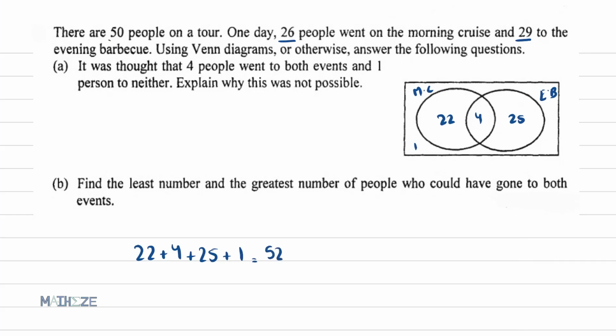But the question says how many people were there on the tour? 50. Which means this was not possible. By this information, I'm getting the answer 52, but the question states that there were 50 people, which clearly shows that this was not possible.